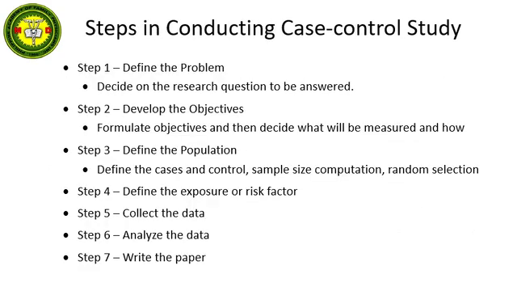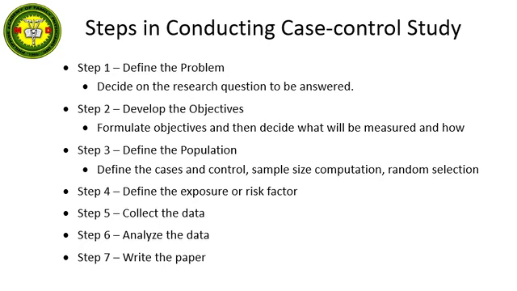Okay, so these are the steps in doing a case control study. Number one, you define the problem. What is it that you're trying to answer? Once you have established your problem, develop the objectives. After developing the objectives, define the population, define the cases and the controls, where you're going to get these cases and controls, and how many cases and how many controls you are going to get.